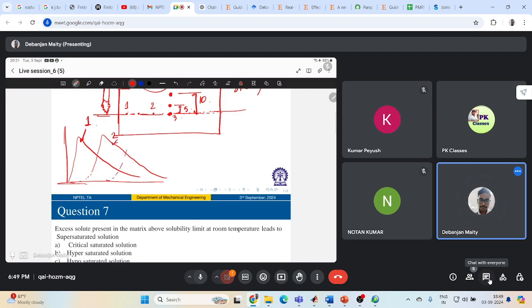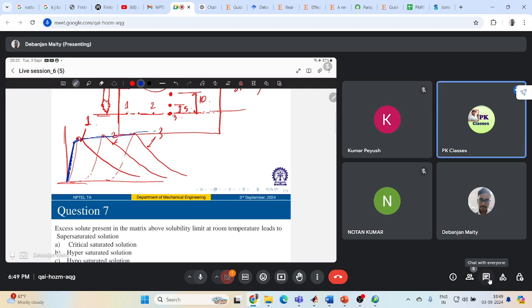After a certain point of time, the same peak temperature will be felt by point 3. So if you somehow can join this peak temperature, let's say I have joined this peak temperature, this will come to a steady state.